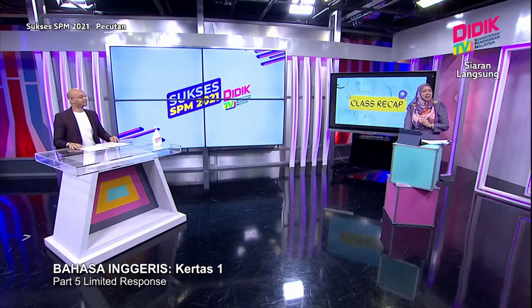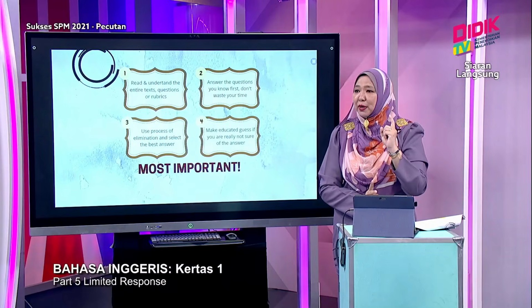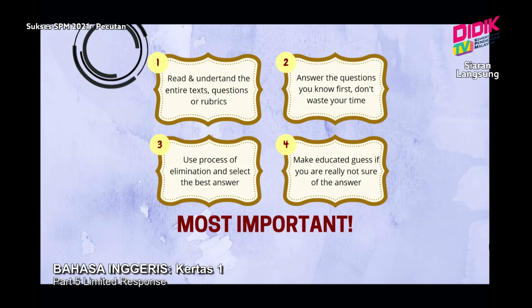Okay, class, the most important thing for paper 1: number 1, read and understand the question, the instruction, the rubrics, the text. This is the most important thing that you have to do. Read and understand. Second, answer the questions you know first.